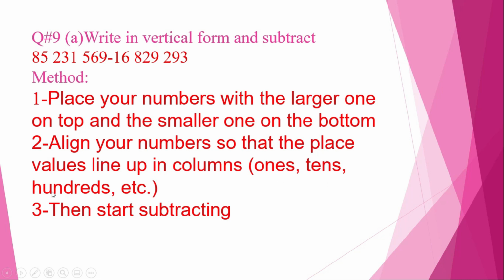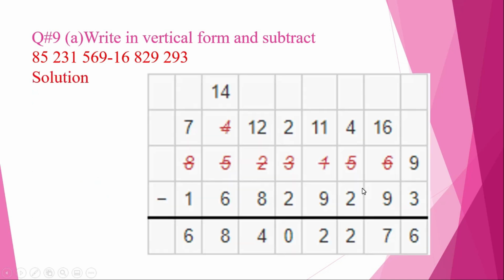First ones, then tens, then hundreds. And after that, start subtracting. Again, I have written the question, and we align the numbers from the ones, then tens, then hundreds, then thousand, 10,000, 100,000, million, and 10 million.